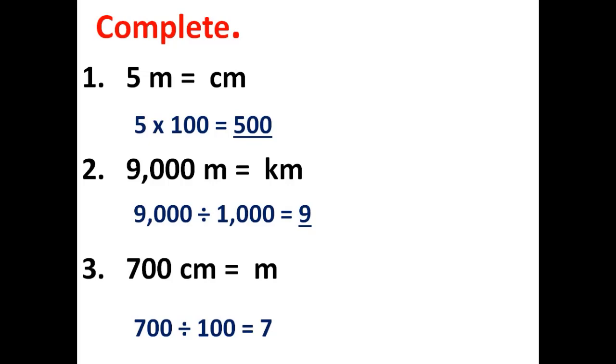We will get 9 kilometers. Next is 3. 700 centimeter is equal to dash meter. When we want to convert centimeter into meter, we have to divide by 100. So 700 divided by 100 is 7.